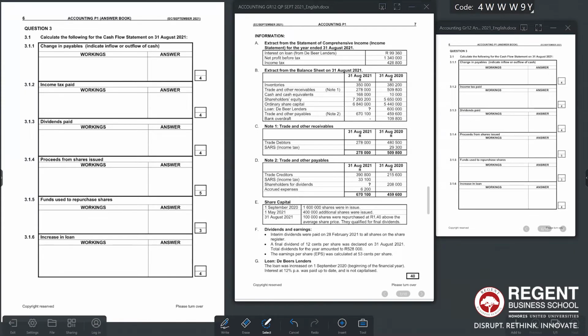Let's calculate it. I will say in my workings, changes in payables, I'm going to take my creditors figure of 390,800.